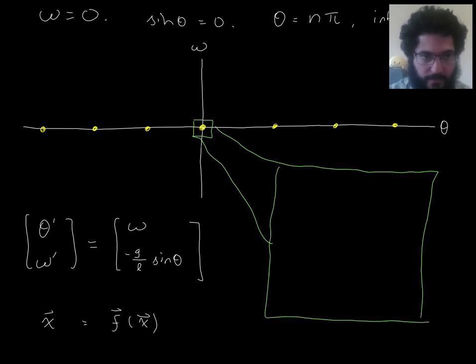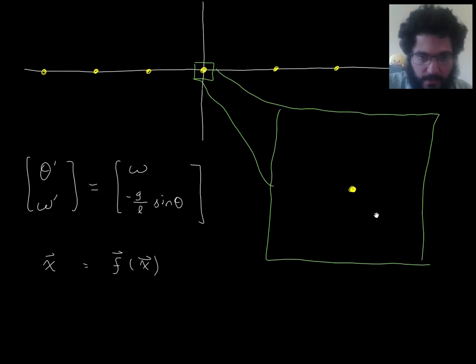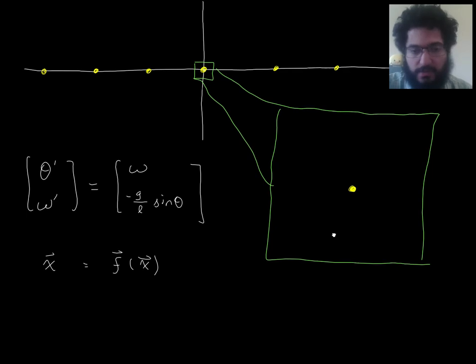Then I've got this critical point at the origin, and I've got increasing theta that way and increasing omega that way. So I sort of remember that my theta and omega axes point that way and that way. And that location is theta equals 0, omega equals 0.